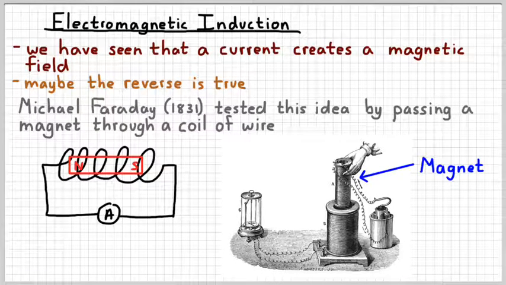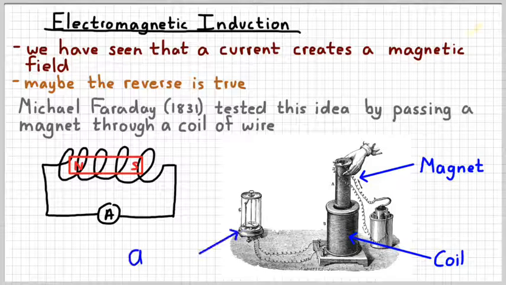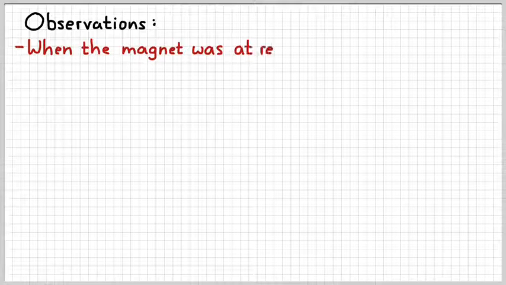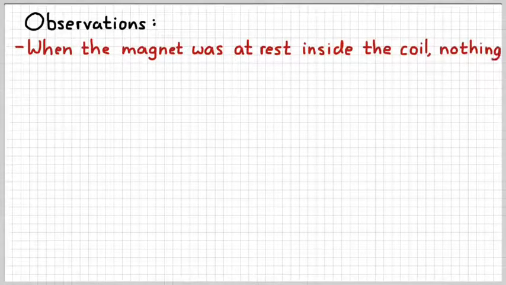And there's your magnet, and then here's the coil, and then he's got it connected to an ammeter. And so some observations from this experiment. He observed that when the magnet was at rest inside the coil, so he just placed it inside the coil, nothing happened.